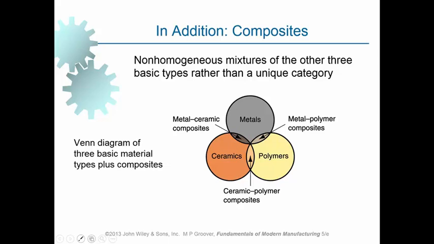At the same time, polymers are of low weight and low density, but they are not rigid and strong. And if we have a combination of the two, that is a combination of polymers and ceramics, then we may end up with a ceramic and polymer composite.